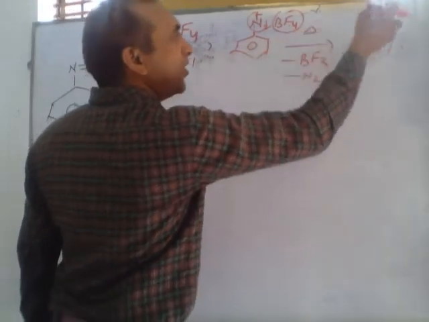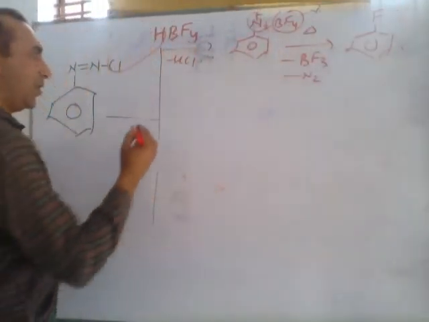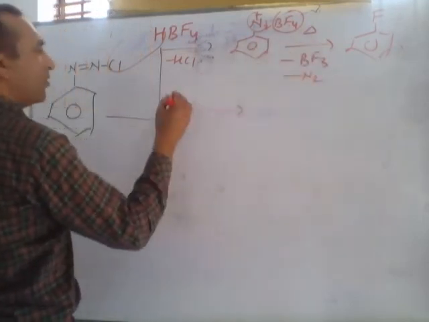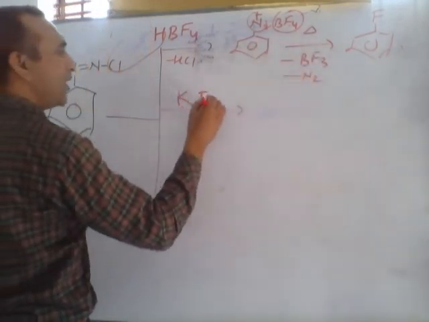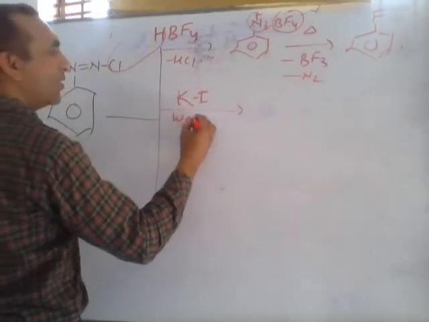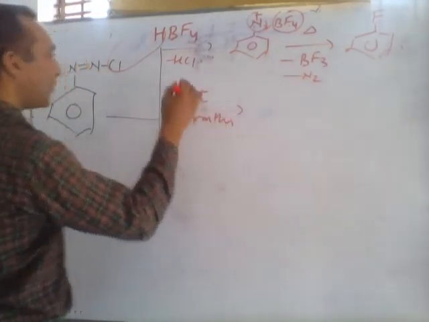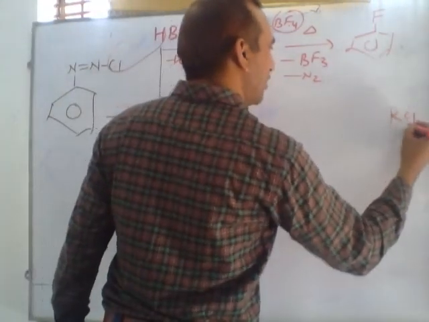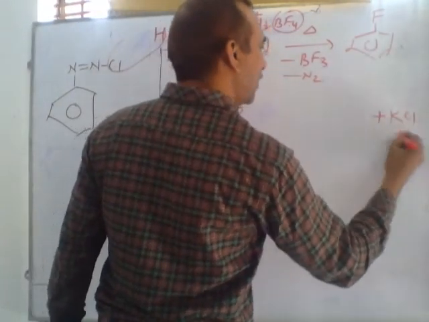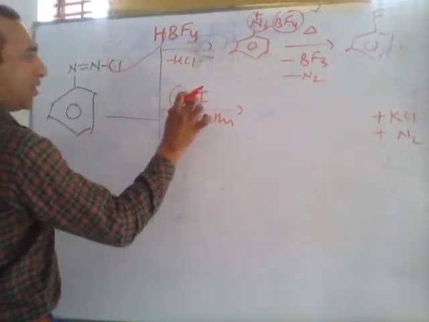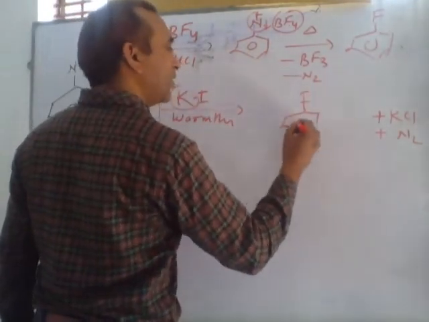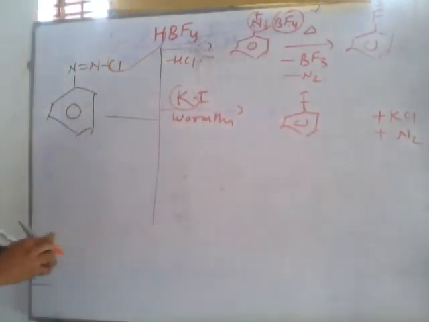On heating, it gives fluorobenzene. If we want to prepare iodobenzene, very simple, we use the reaction of KI in warm water. This K replaces chlorine, KCl, N2. This iodine of KI is directly joined with the ring. This is iodine. Very simple.